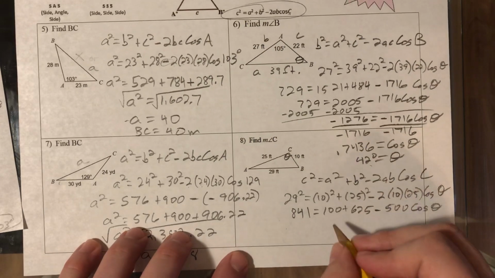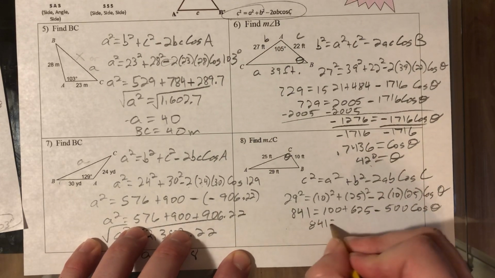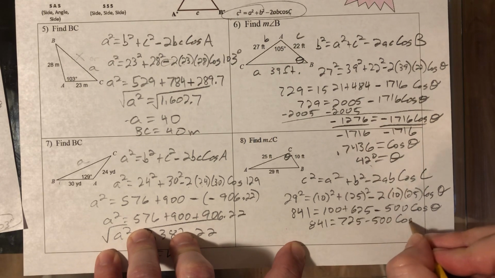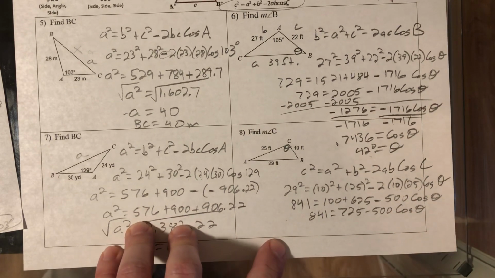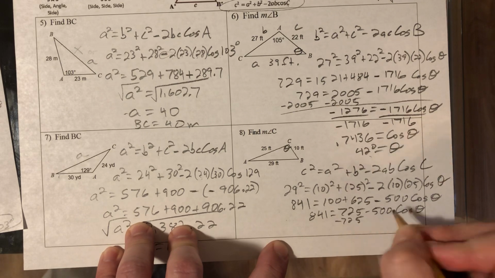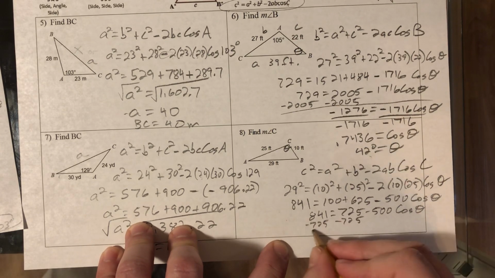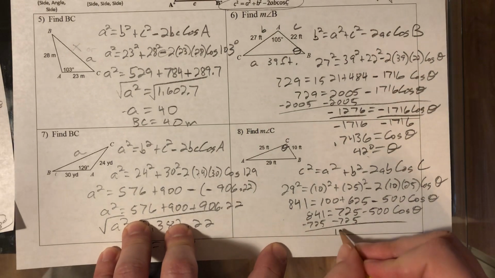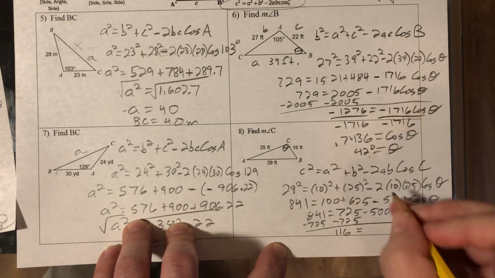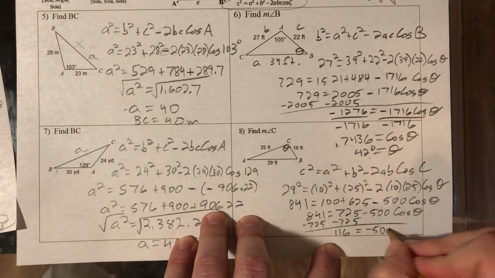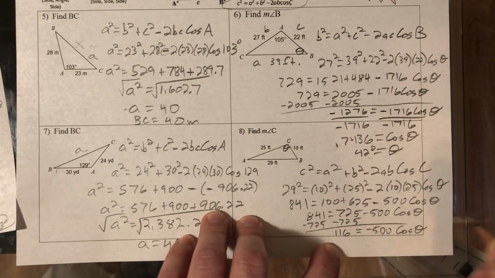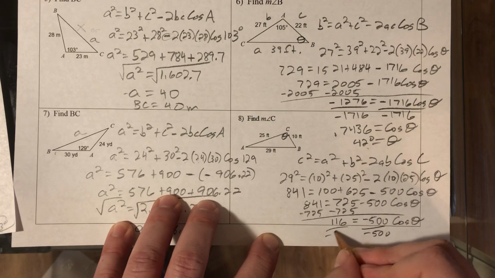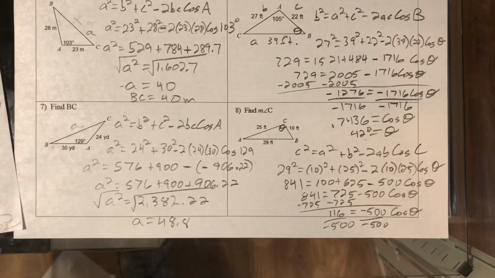All right? 841 equals 725 minus 500 cosine theta. We're going to subtract 725 from both sides. Okay? So that gives us 116 equals negative 500 cosine theta. We'll divide both sides by negative 500. Okay?